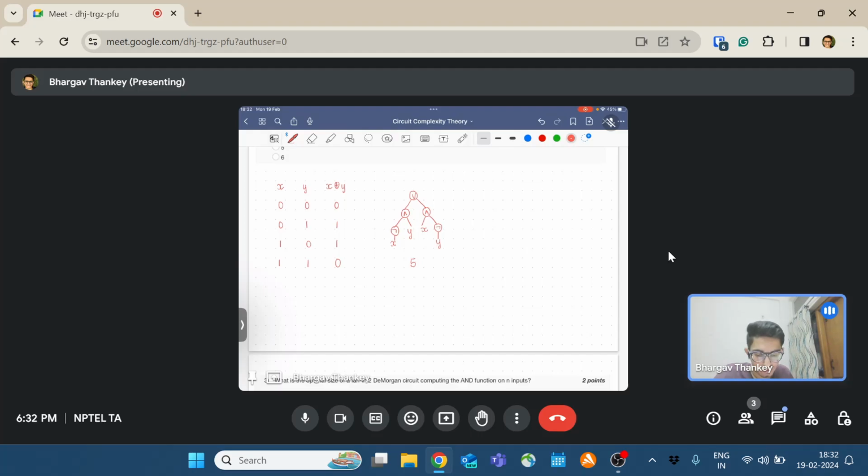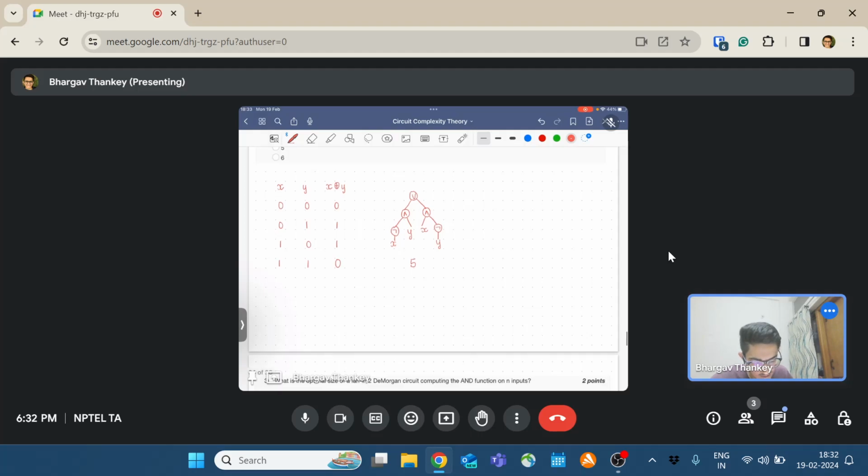Over here, we used the OR of ANDs representation, right? So this is a DNF. What we can try to do is draw a CNF for this.